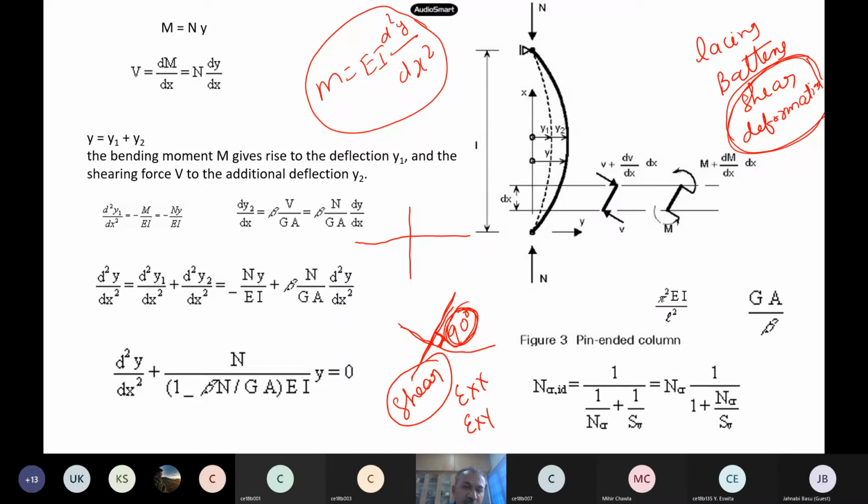So you have only one strain in the formula, epsilon xx, which is dou u by dou x, and you can write it in terms of theta and other things also. So shear deformations are neglected. In our Euler-Bernoulli beam theory you have only one stress, the bending stress, simply sigma xx. So no shear, that's a pure bending case.